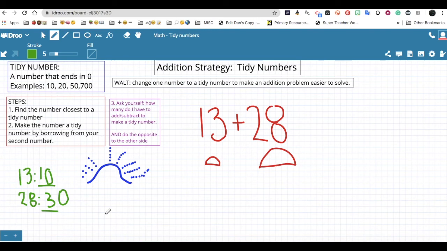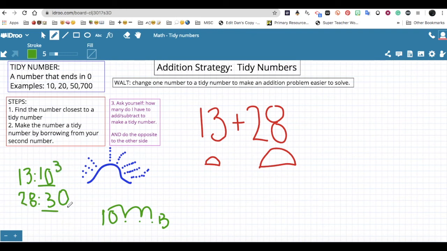Okay, so if I've got 13 and 10 and 28 and 30, I have to count on from my smaller number and figure out which number is closest. So for 10 and 13, I've got 10, and then I'm going 11, 12, 13. So that's 1, 2, 3. Okay, so I have to add 3.